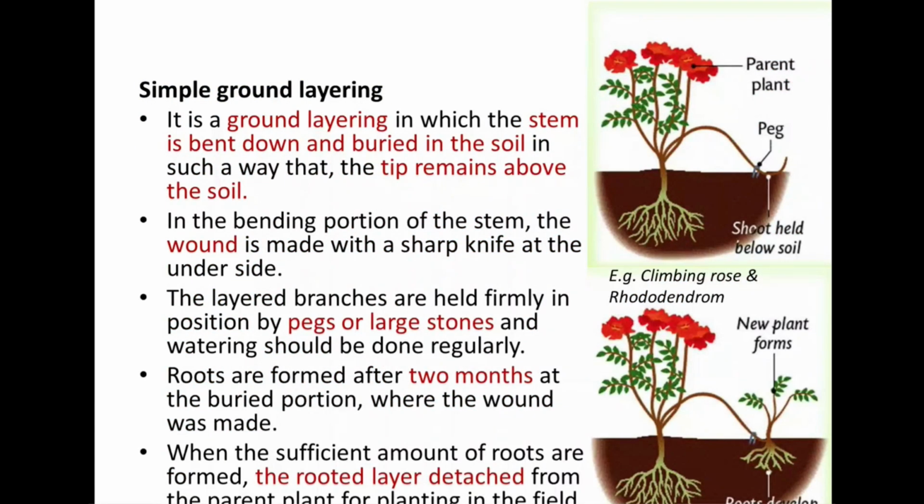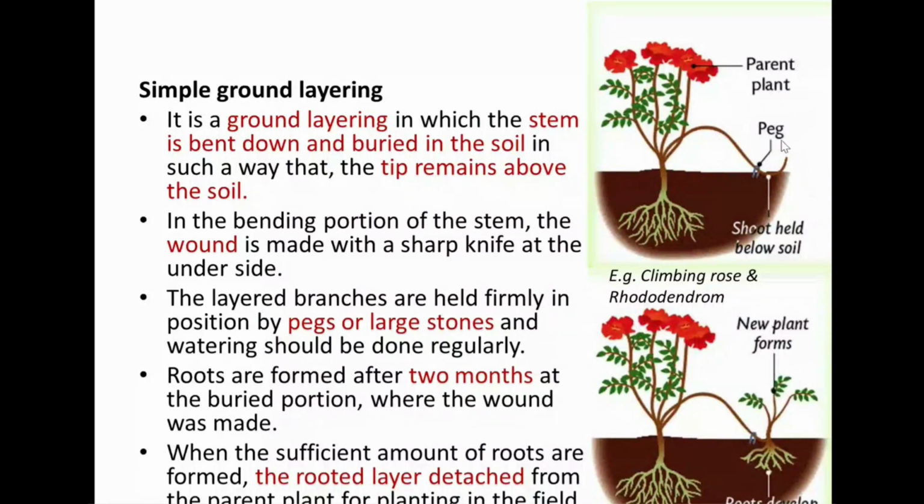So what is simple ground layering? By seeing this picture, we can make it out. There is one plant, and we have bent one twig of that plant. We make some wound there, and sometimes we put a peg, and sometimes a stone, and insert that into the soil.